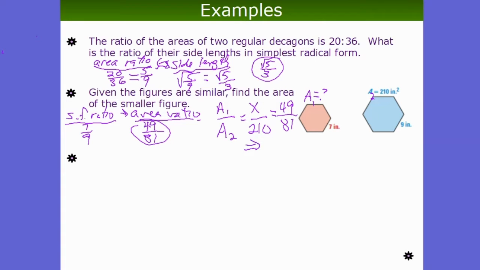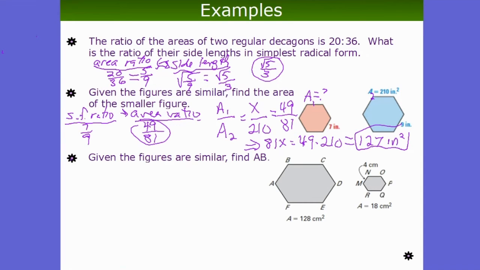You get an equation, 81 times x equals 49 times 210. You're going to multiply 49 times 210, and then you're going to divide by 81. I did that, and to the nearest tenth, it comes out to be approximately 127 square inches. And that would be the area.